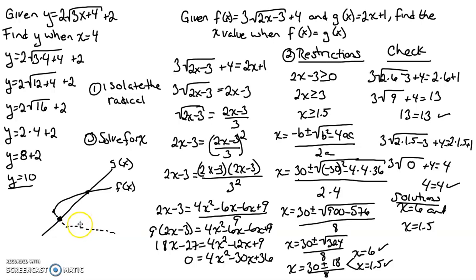That's when we have extraneous solutions, where our g of x function crosses our imaginary f of x, and not actually the function. So in this case, both of our solutions worked, which means that f of x crosses g of x twice.